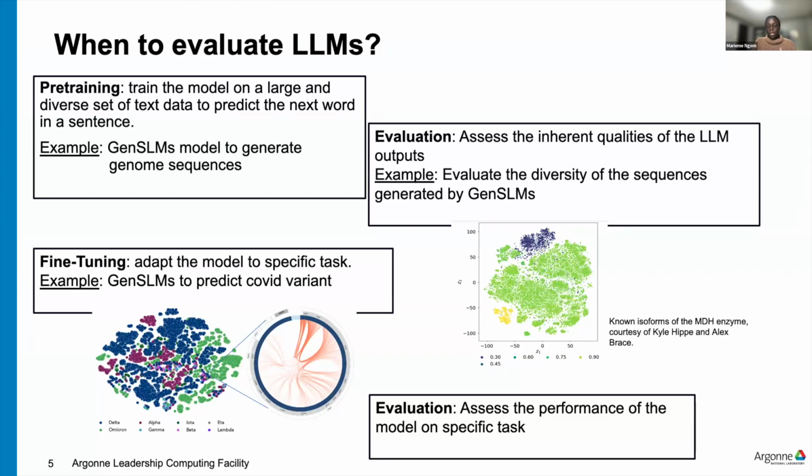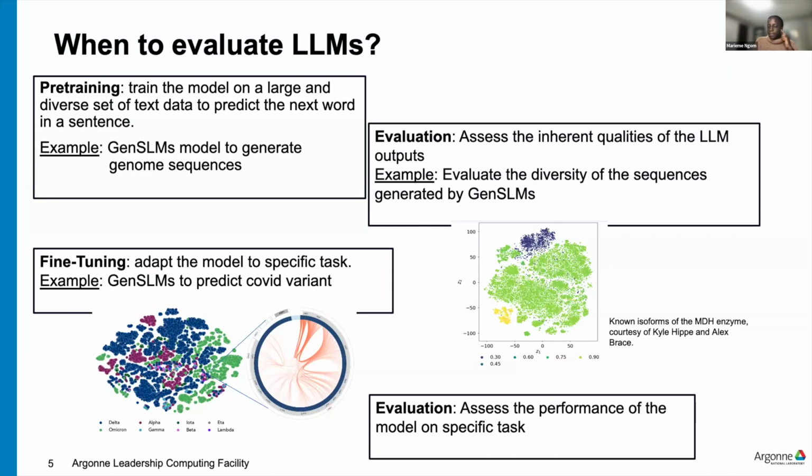I don't know if you remember the first science talk that Arvin gave. He presented the genomic language model, GenSLM. So pre-training for that model would be when you train it to generate genome sequences. So when you do pre-training, or after you do pre-training, is a good step to do some initial evaluation.